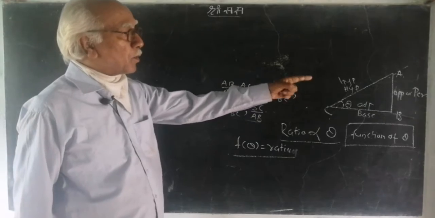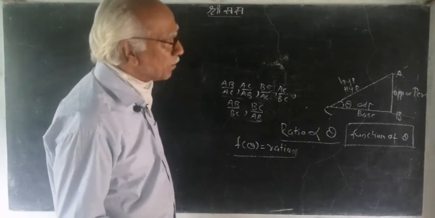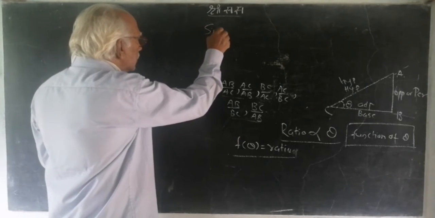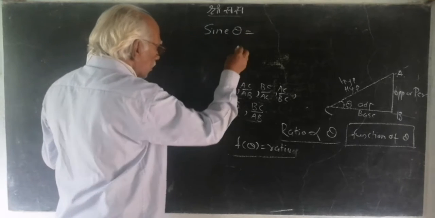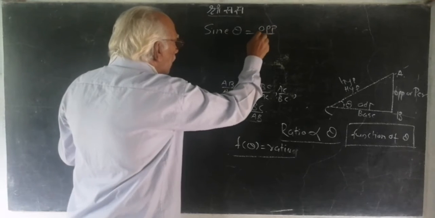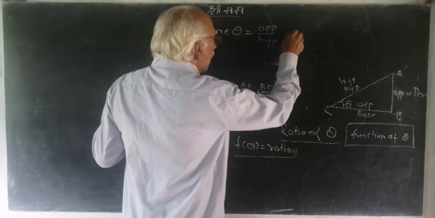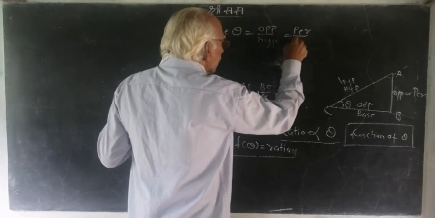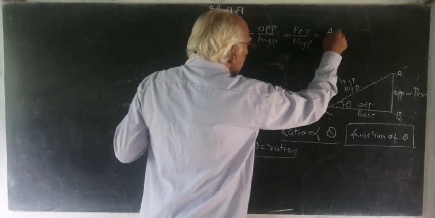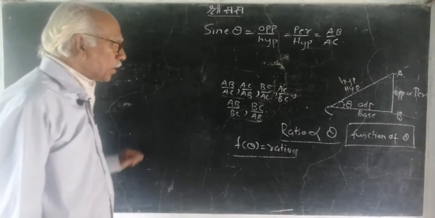The ratio of opposite side to hypotenuse is a function of theta, and the name of that particular function is sine. So, what we can write here, sine theta is equal to opposite side upon hypotenuse, or you can say perpendicular upon hypotenuse, or symbolically, AB upon AC.